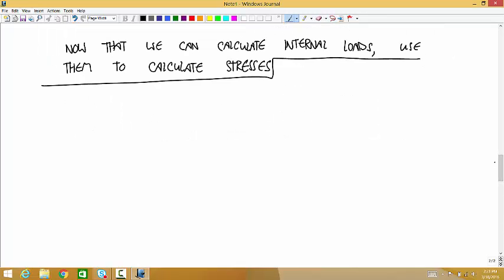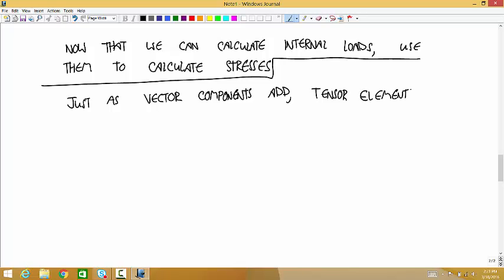And so the way we're going to do this is, just as vector components add, tensor elements add. So for example, 5, 0, 2, 0, 1, 0, 0, 1, 0.